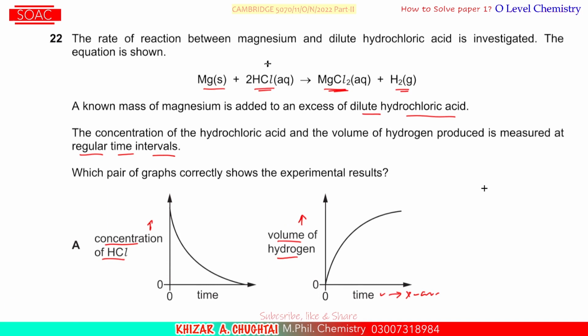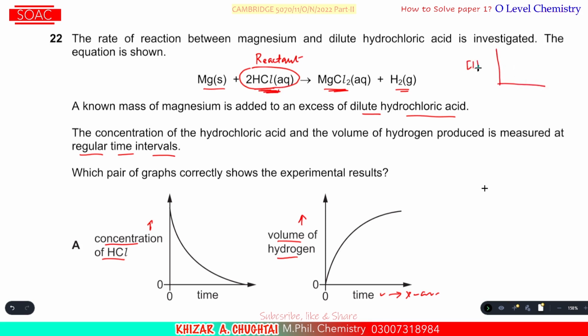As you can see from this equation, HCl is a reactant, so its concentration will decrease with the passage of time. Its graph should be like that.